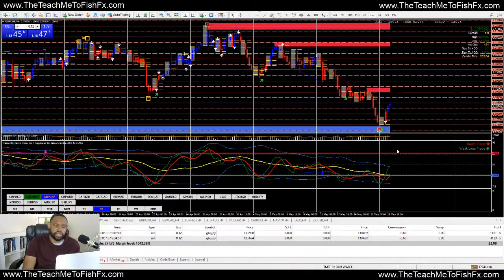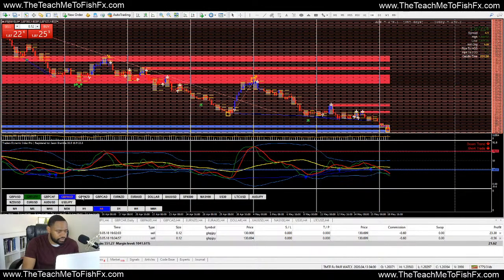These pound pairs, probably just for today, maybe even for the week, are setting up with a quick pullback before continuing on the downside. But G Swiss, you can definitely get in and maybe run a short swing trade or intraday trade. You just have to see what the market is telling you.